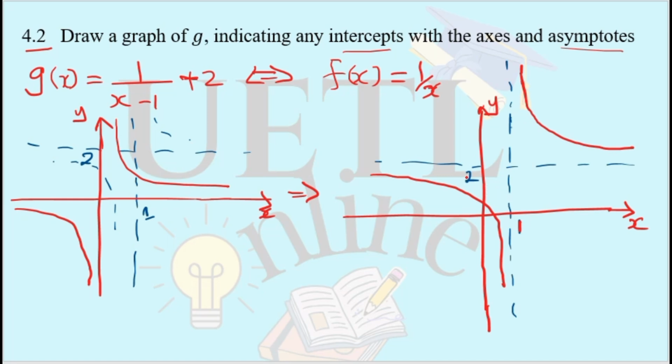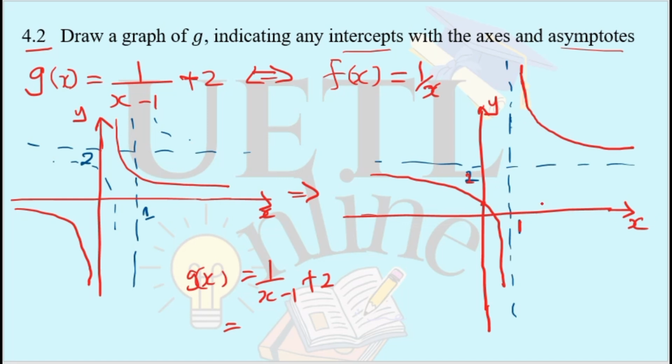Now we just have to check this equation. We see that g of x equals 1 over x minus 1, plus 2. To find the value of y here, we just have to set x equals 0, which is the y-axis.